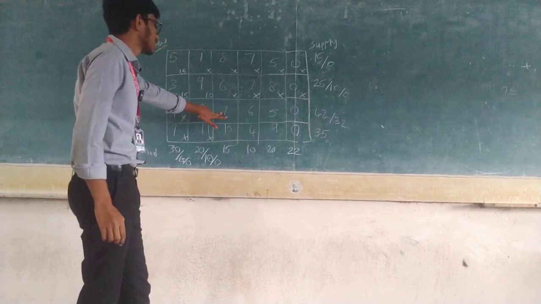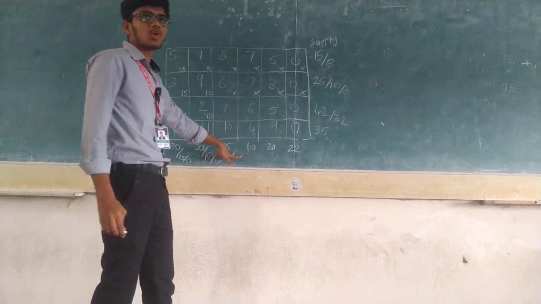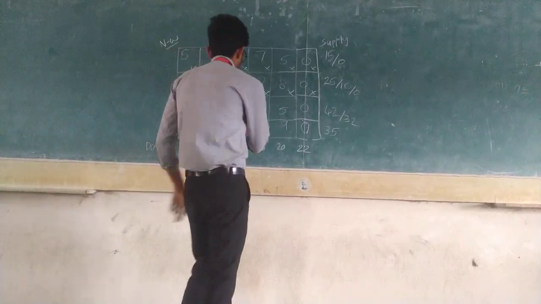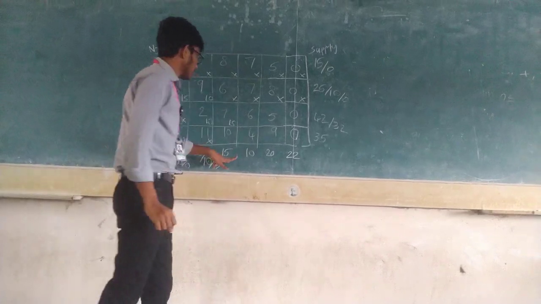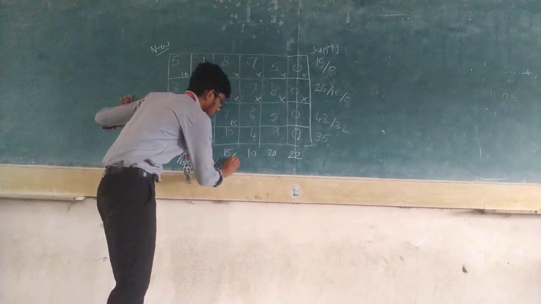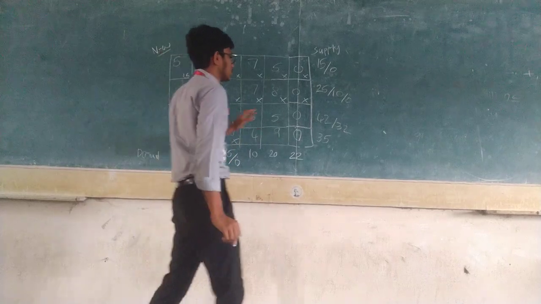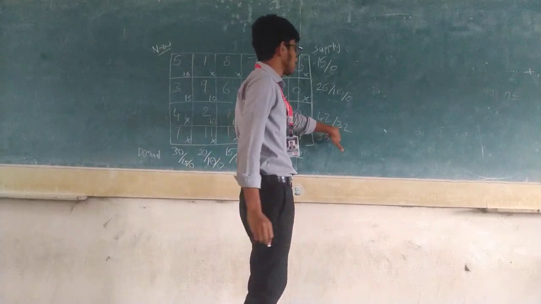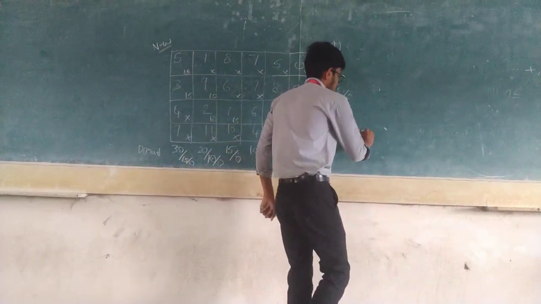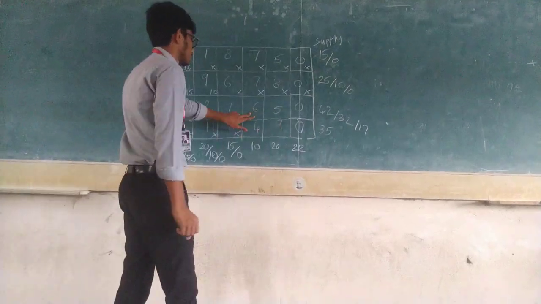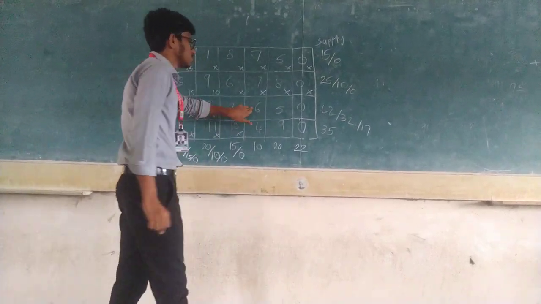And I will take 7, and from here 15 is the lowest number. 15 minus 15 is 0, this column becomes 0, and then from the row, 32 minus 15 is 17. Again we take 6.